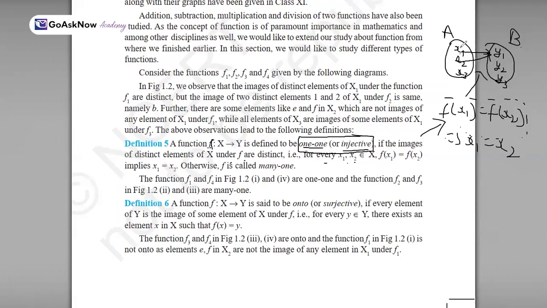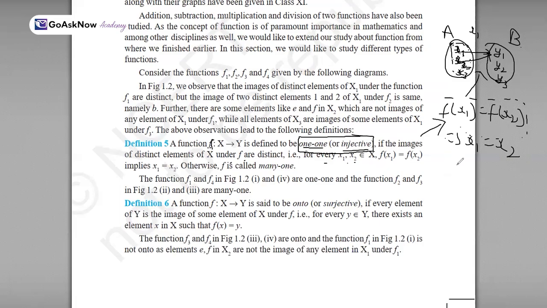So it says that you don't have two different values of x1 and x2 with the same image; there are no duplicate values here. We have only x1 for this.